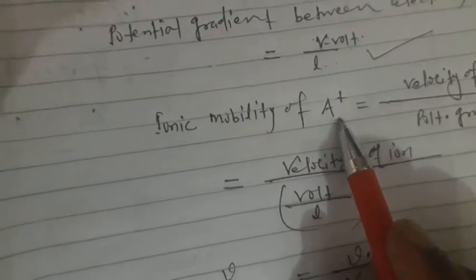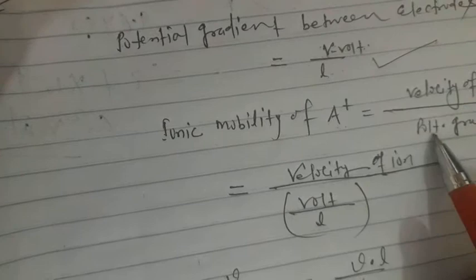Now, what is ionic mobility? From the definition, ionic mobility is defined as velocity under unit potential gradient.